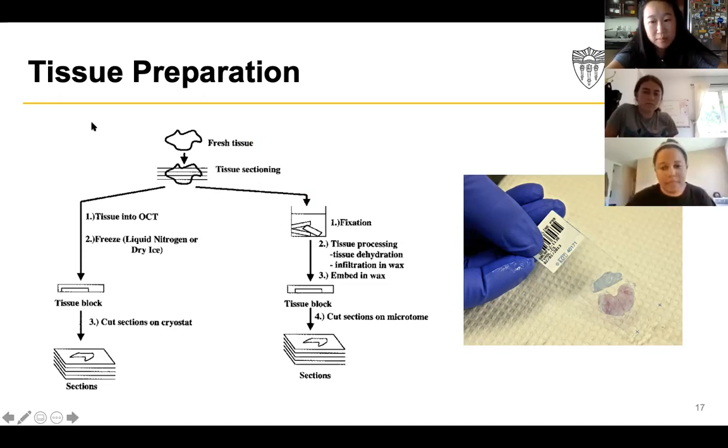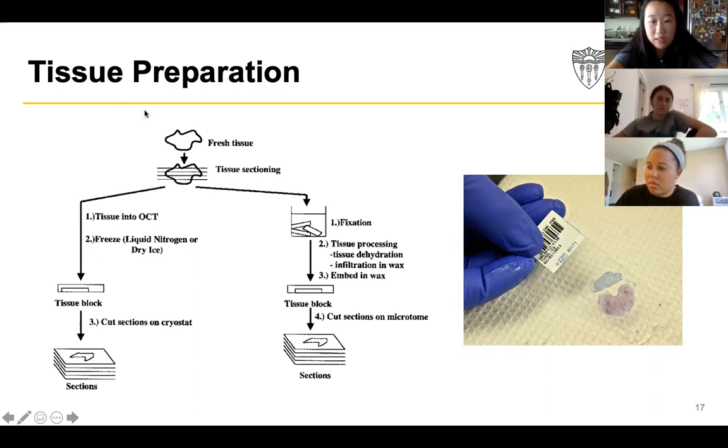So the first step in preparing the tissue is to get a fresh tissue. And then the second one is to slice it into very, very thin layers so that you can actually see it. There are two main ways to do this. If you take a fresh tissue, you can either freeze it with very, very cold temperatures so that it becomes a tissue block, and then use a cryostat to slice it into very, very thin sections.